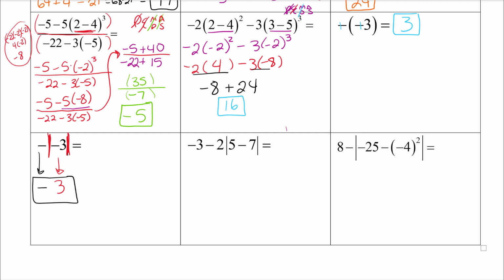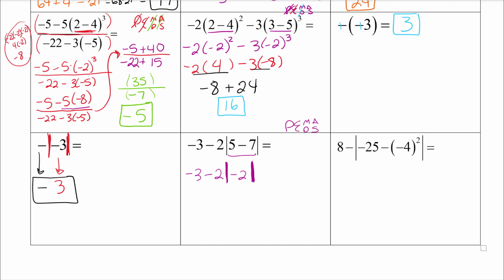So let's do the next one. P, E, MDAS. Okay, so P. Inside these, they're technically not just parentheses, they're absolute value bars. I have to evaluate the inside first. 5 minus 7 is negative 2. Everything else stays the same. Now I have to evaluate these absolute value bars.